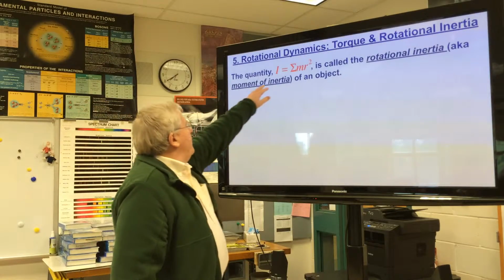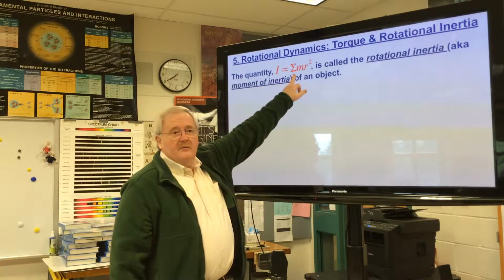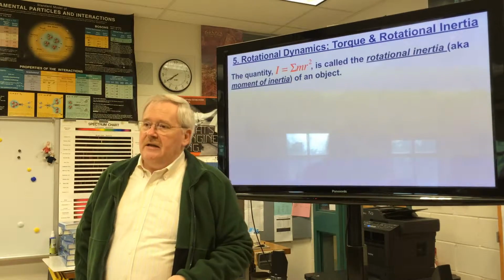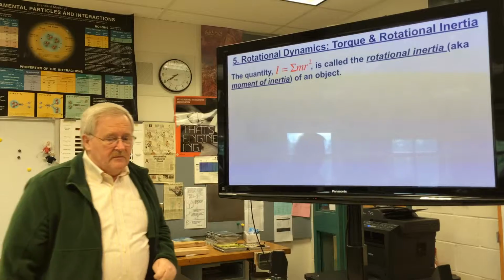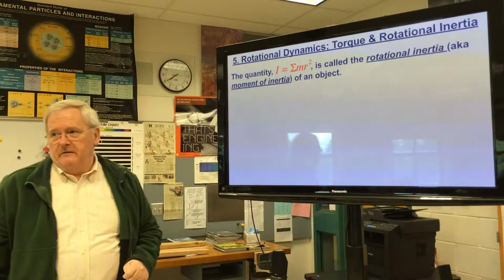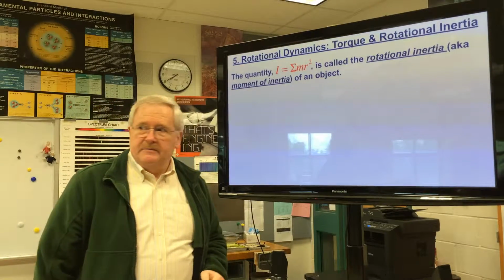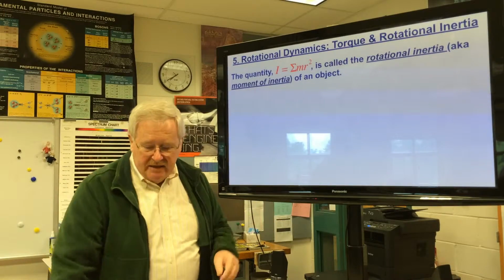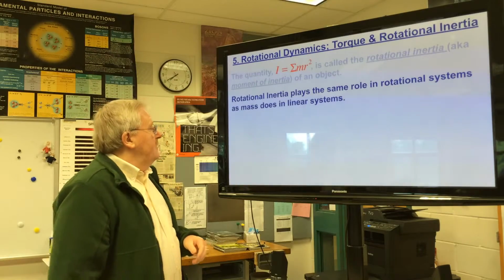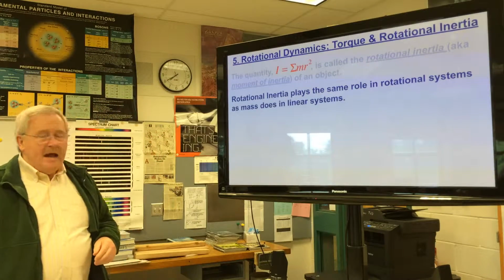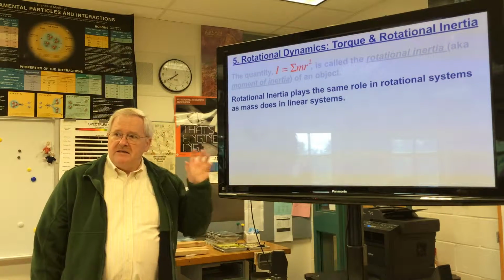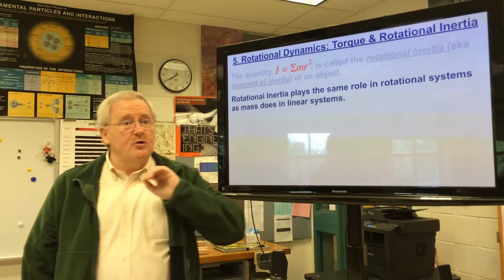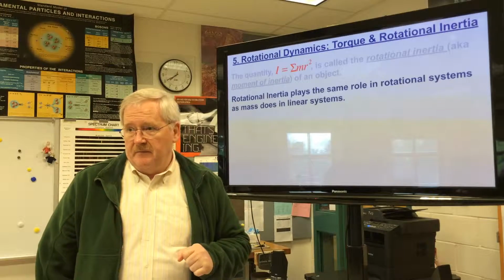So, this quantity, I, which is sigma mr squared, is called the rotational inertia, also known as the moment of inertia of an object. Right? It is the equivalent of mass in rotational systems. It plays the same role that mass plays in linear or translational systems.